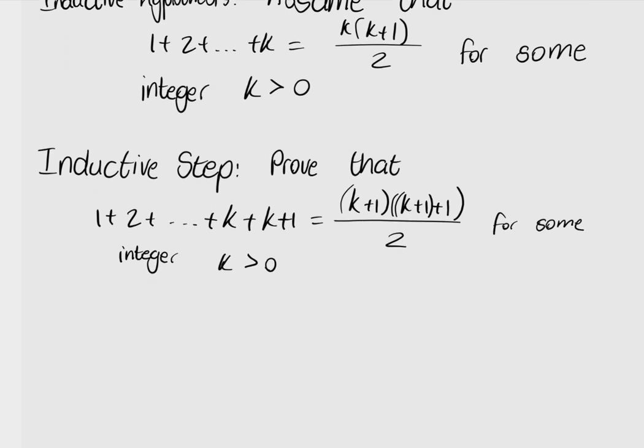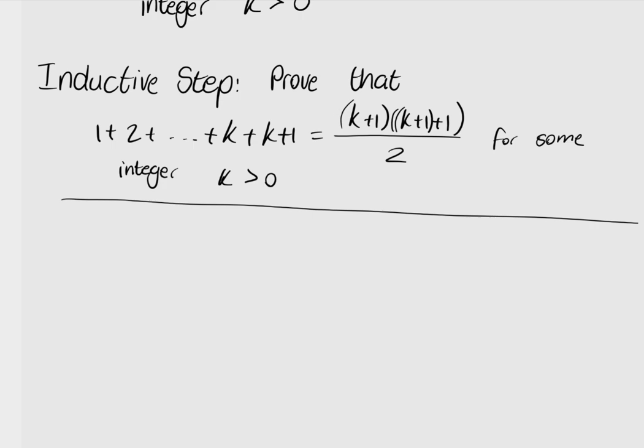This is what we want to prove, so I'm just going to underline it. The reason I'm underlining it is so that the marker does not take this as the beginning of my proof. What you start with is the left hand side. You could possibly also do the right hand side, but the way I'm going to show you is with the left hand side. As an activity, you could try doing it from the right hand side and proving the same thing.